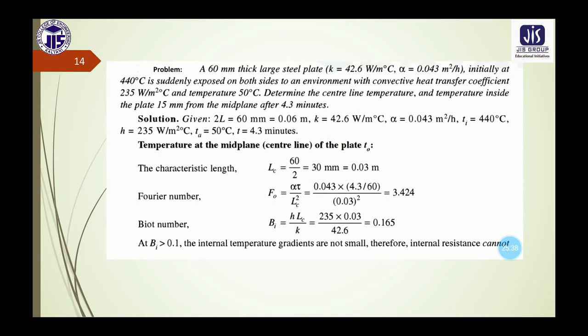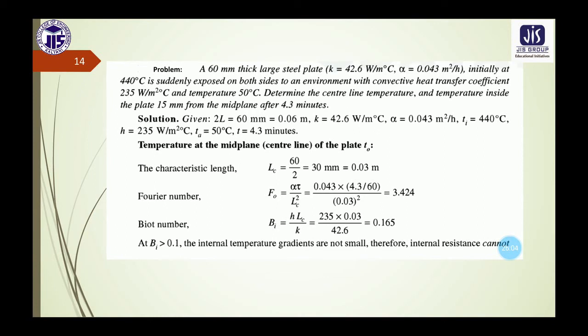In this case, the alpha, that is the thermal diffusivity, is given in the question, 0.043. The value of tau, that is the time, is given, 4.3 minutes. And Lc, the characteristic length, we have calculated just now, that is 0.03 meter. So putting all these values in the formula of the Fourier number, we have calculated its value as 3.424.